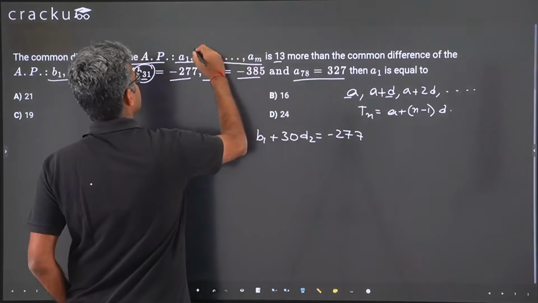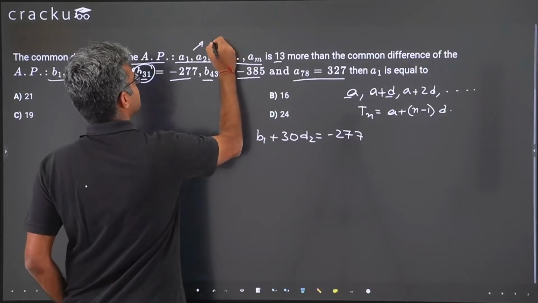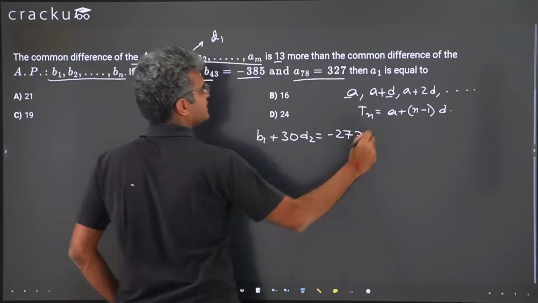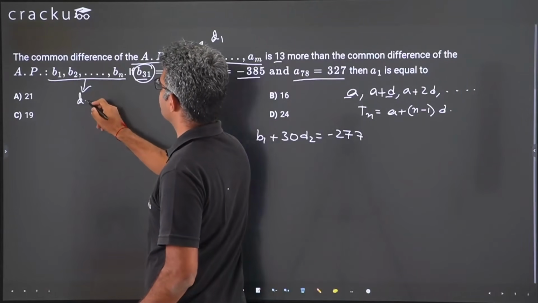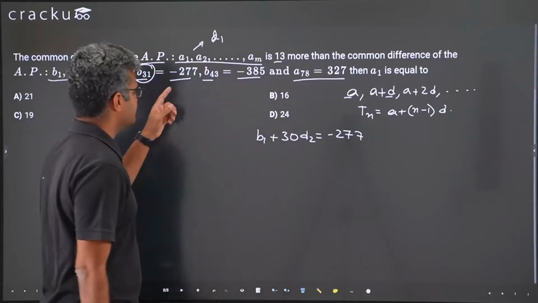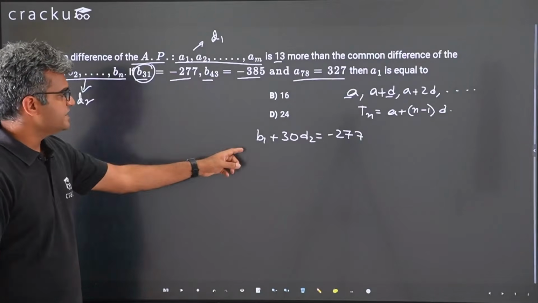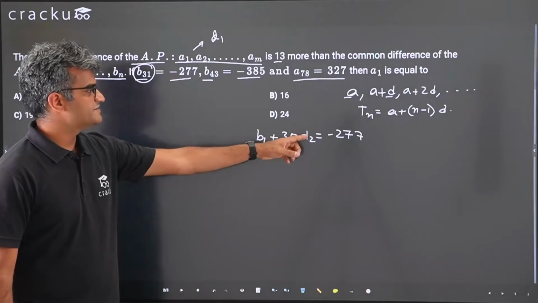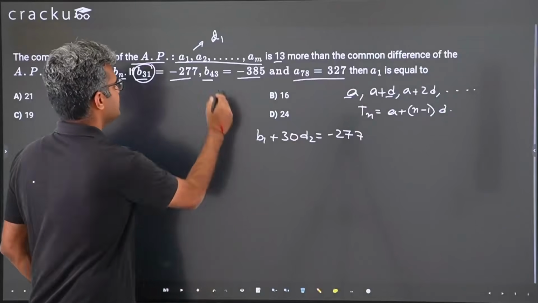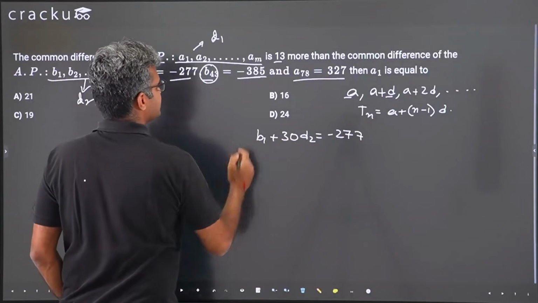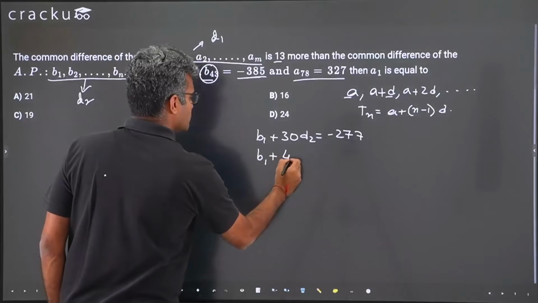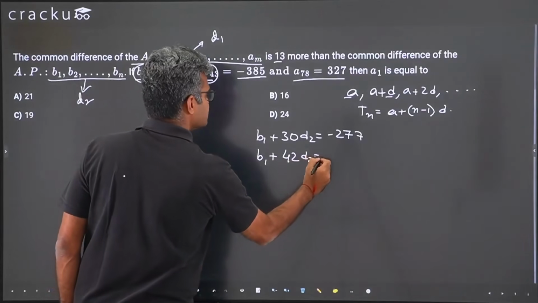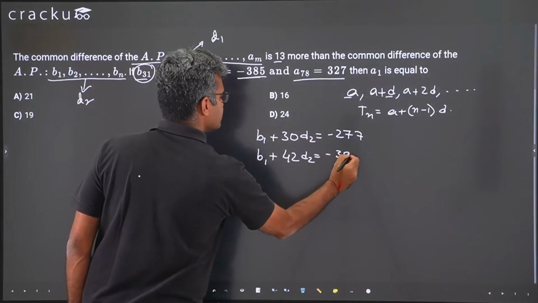We are assuming that the common difference of the first arithmetic progression is d1 and the common difference of the second arithmetic progression is d2. So if the 31st term is minus 277, b1 plus 30 times d2 is minus 277. Similarly, the 43rd term is minus 385. So this is b1 plus 42 d2 is equal to minus 385.